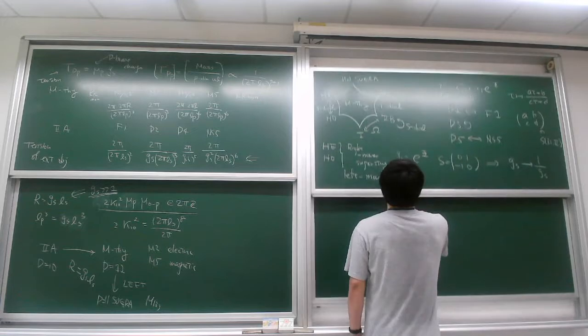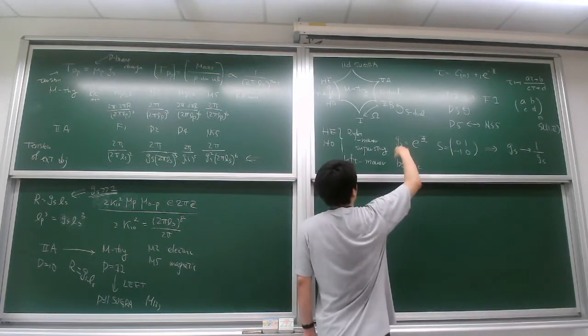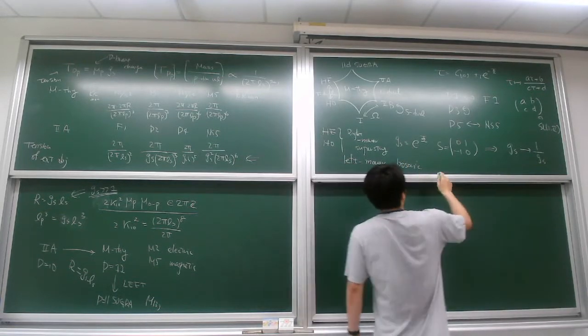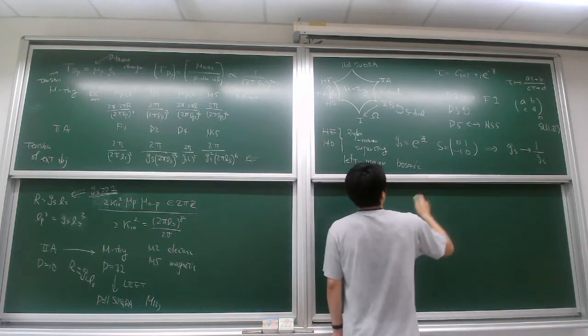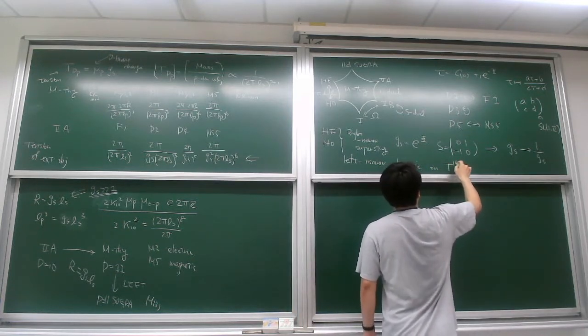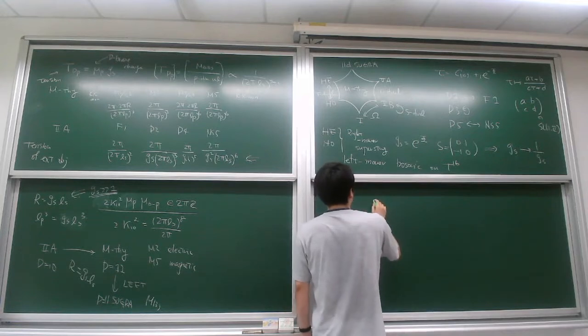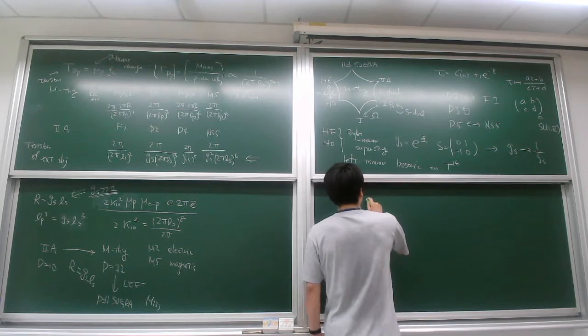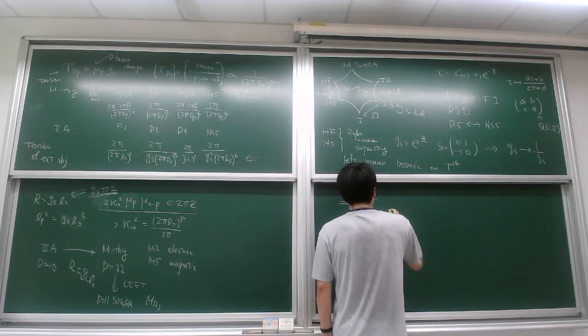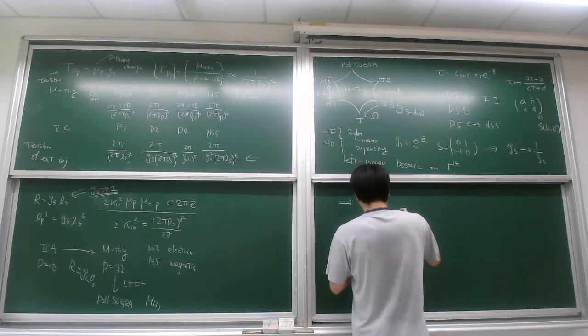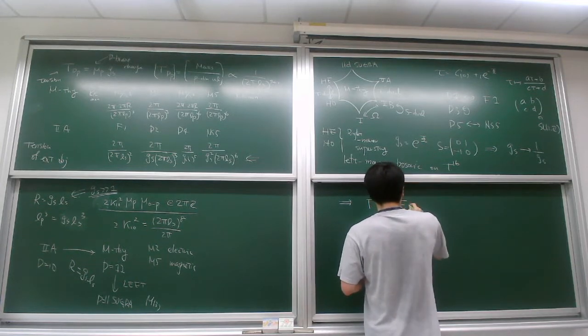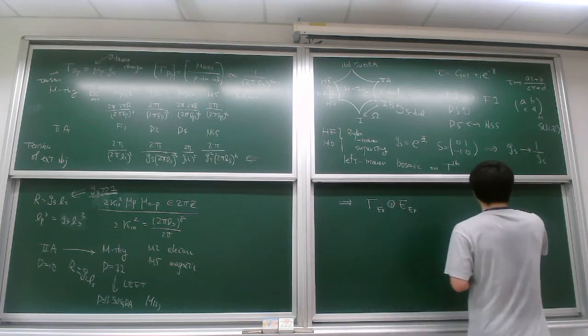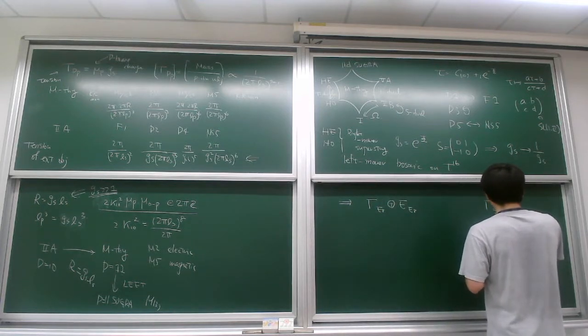We compactify the difference between them on a 16-dimensional torus, and from here you get the self-dual unimodular even lattice, which has two candidates. One is E8 cross E8, as far as I remember. The other is Gamma_16, or Spin(32)/Z2.